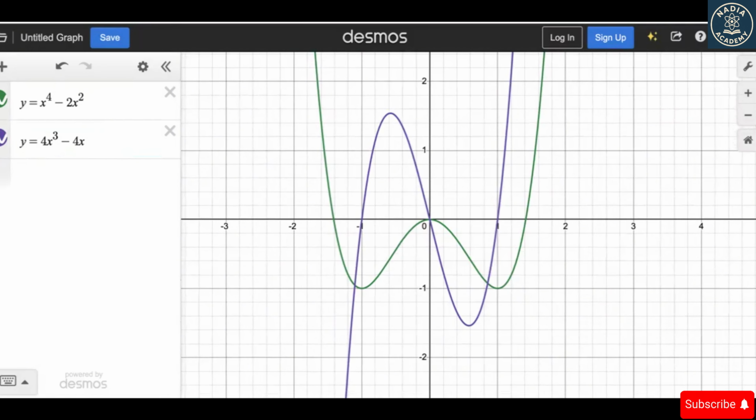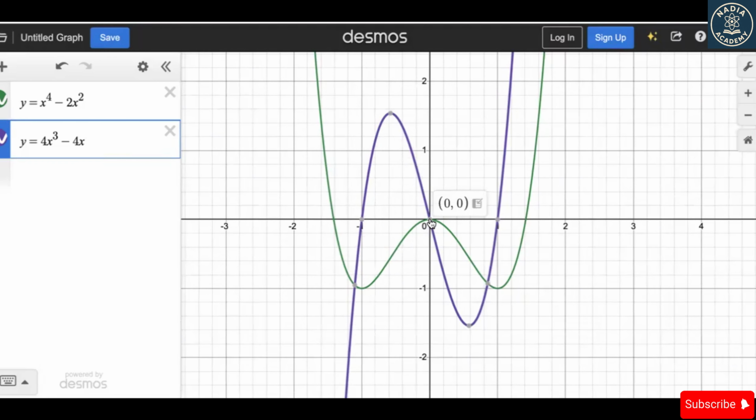Now, if we zoom in a little and look carefully, this graph is actually the gradient graph, meaning that up to -1 the value of the gradient is negative. If the gradient is negative, then our function is a decreasing function. From -1 to 0, the gradient is positive, so the gradient of the real function is positive.